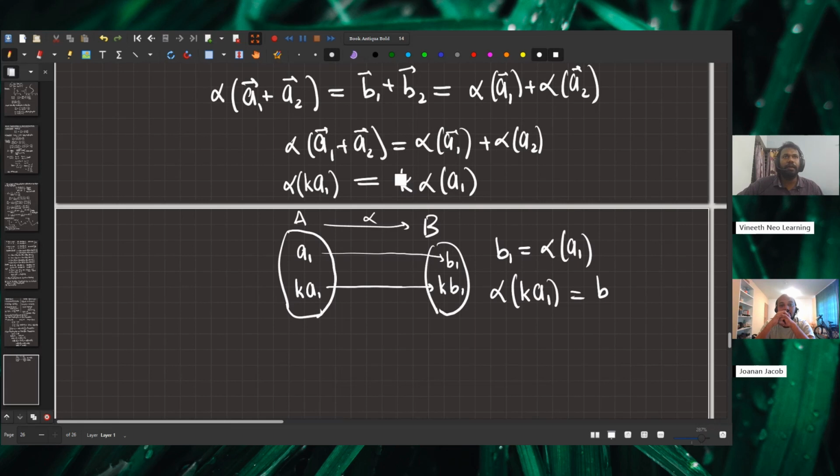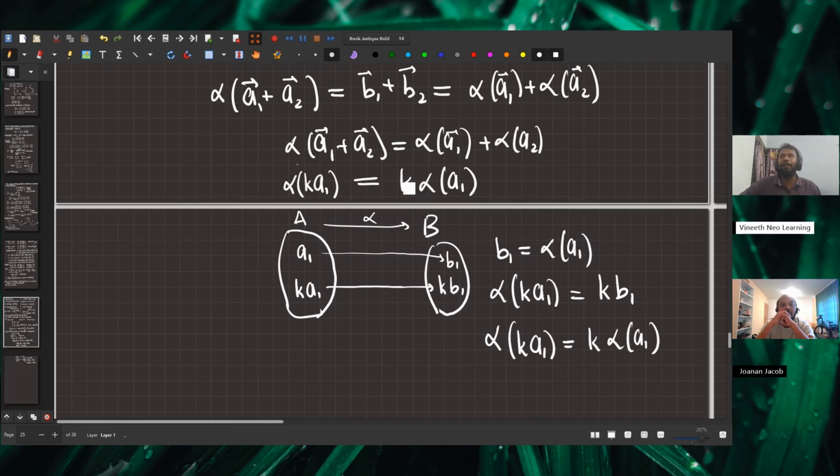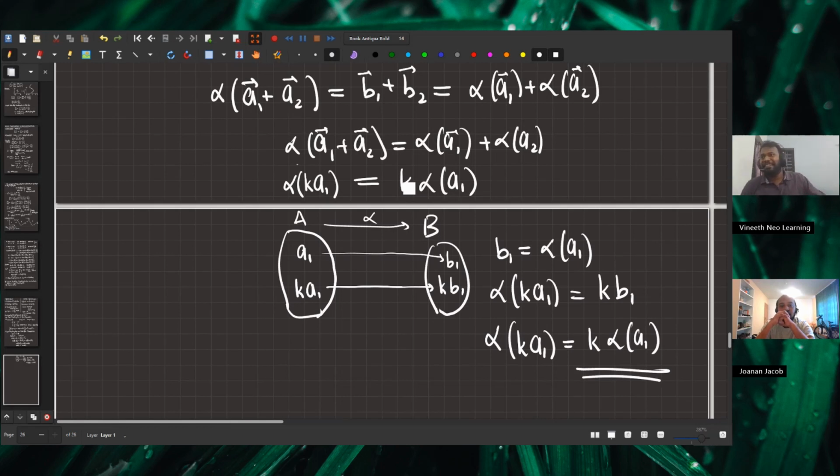What is B1 from this equation? B1 is alpha of A1. So alpha of KA1 becomes K times alpha of A1. That is how K got out of here. The algebra should be similar. That is the essence of homomorphism.